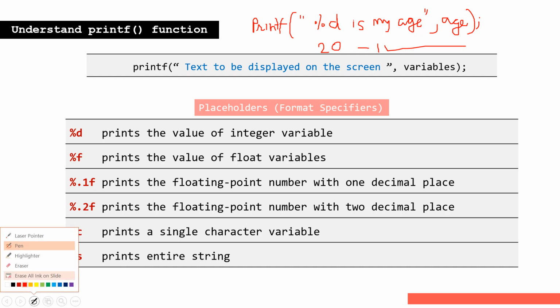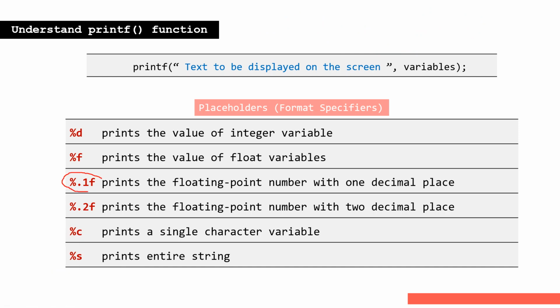Then what is this .1f? Instead of %f, if you write %.1f, it prints the floating point number with one decimal place only.